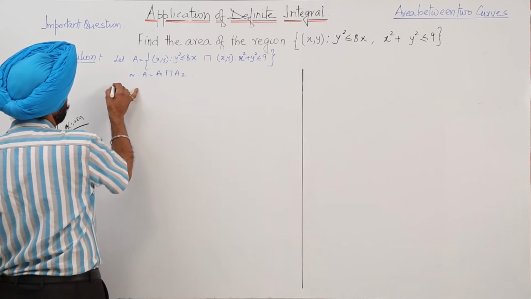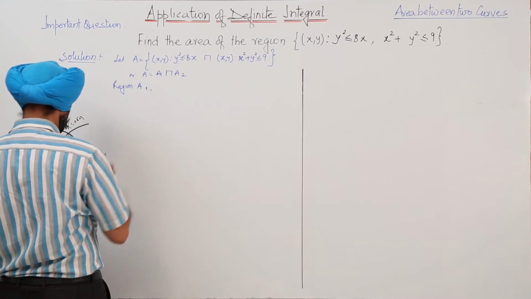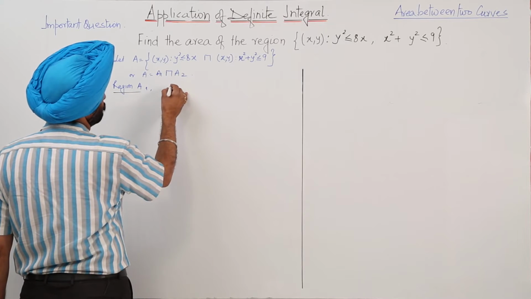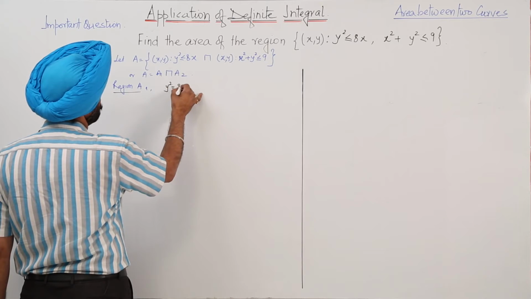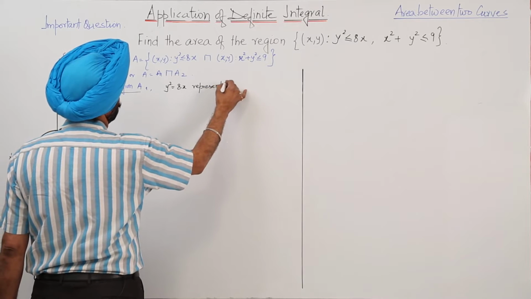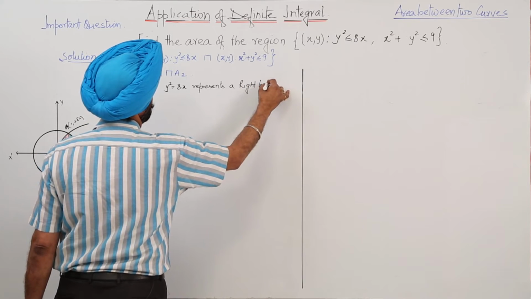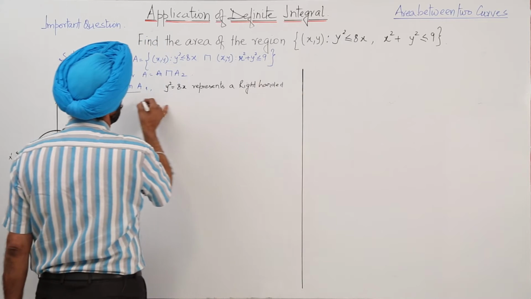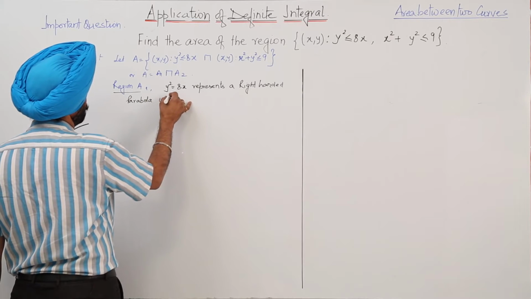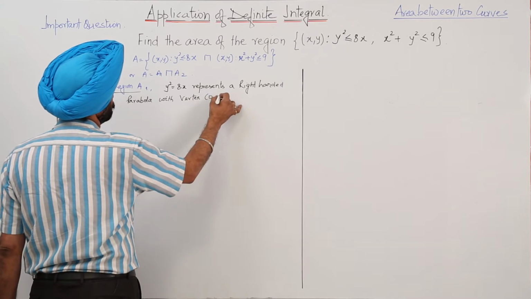Now region A1. Y square is equal to 8x represents a right-handed parabola with vertex at origin, that is (0, 0).